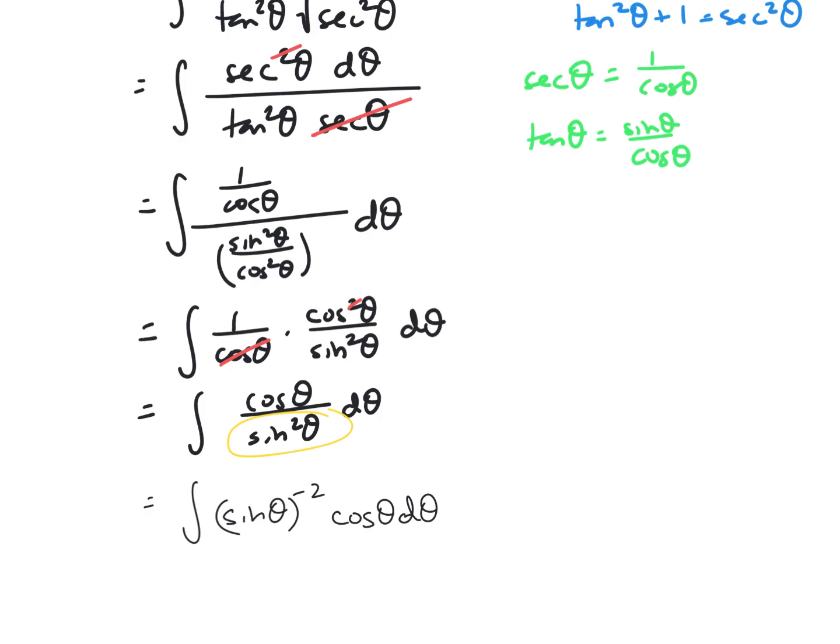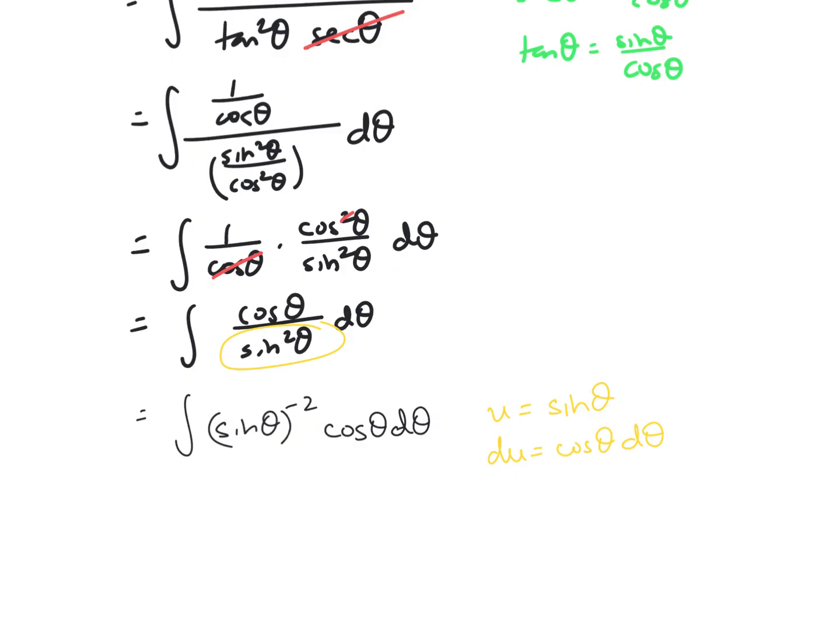So I've got that inside function there. I'm going to use u sub and use u as sine theta. So my du is cosine theta d theta. That means u is sine, that's this part, so that's u to the negative 2. du is cosine theta d theta. That's exactly this part. So this is just du.